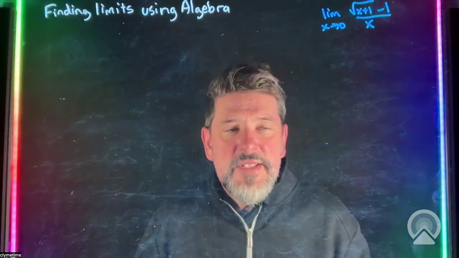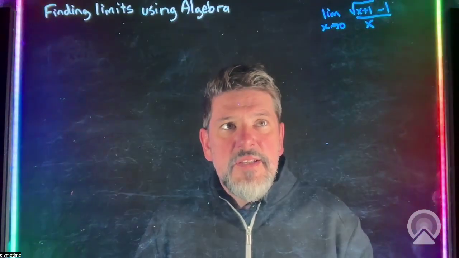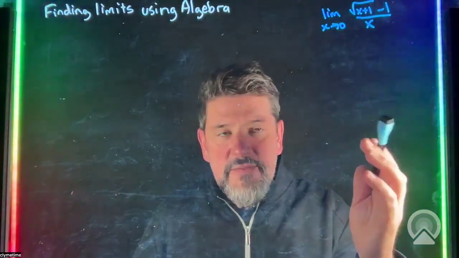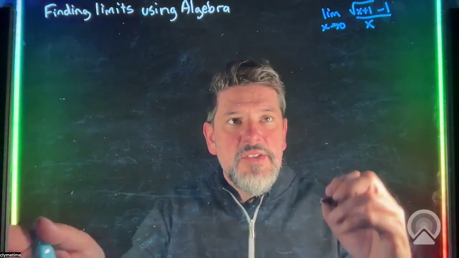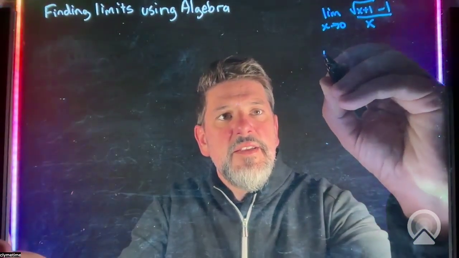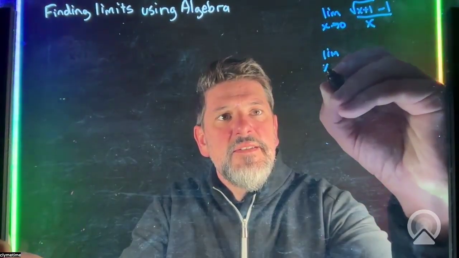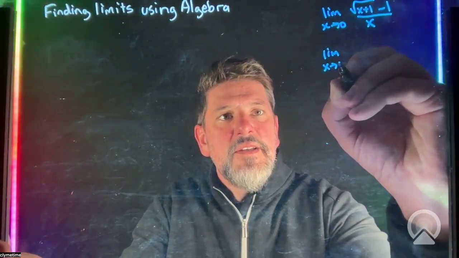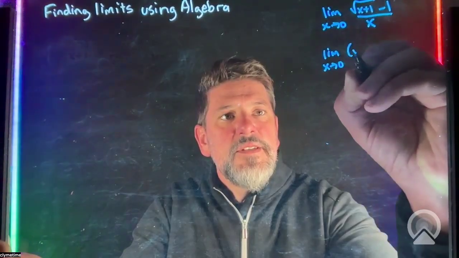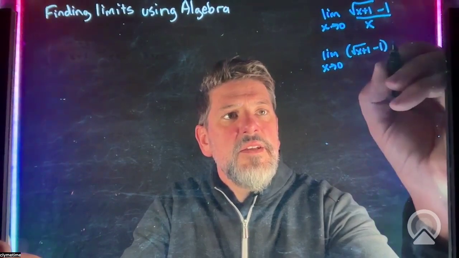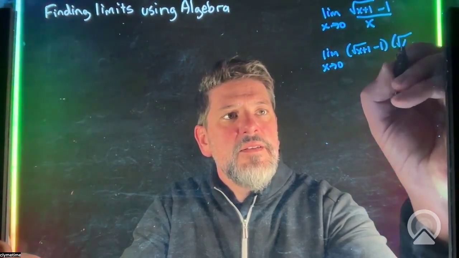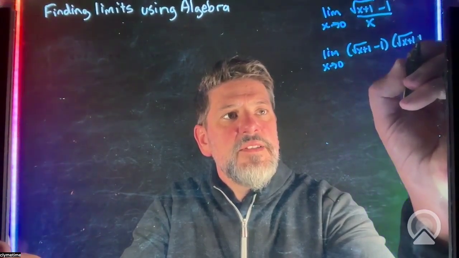So what we're going to do in this case, instead of factoring it, because it's not obvious how to factor this if it's factorable at all, we're going to use a method called multiplying by the conjugate. So the conjugate is basically the same expression, except instead of a minus sign here, we're going to multiply it by a plus 1.